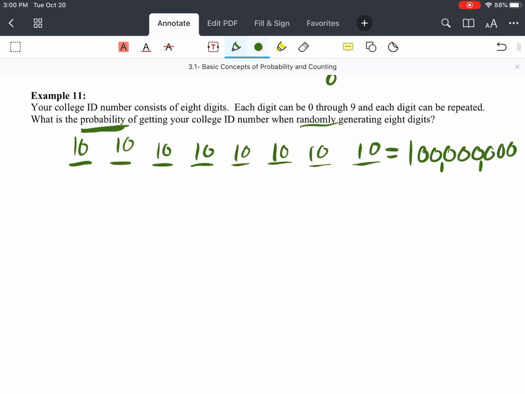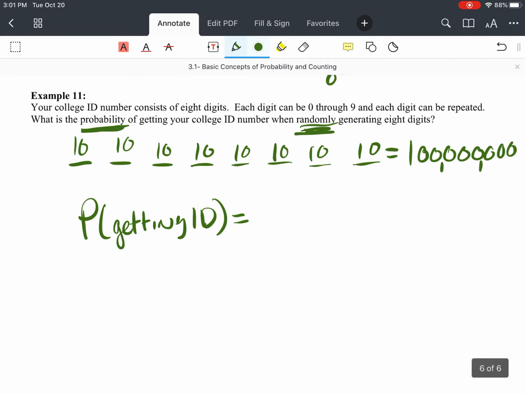Okay, now we're looking at what the probability of getting your college ID number is. So the probability of getting your ID is equal to, well, it's the number of outcomes that we want. We want exactly one college ID number, so we have 1 over the total number of possible outcomes, which is 100 million.